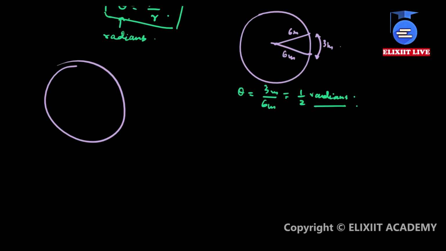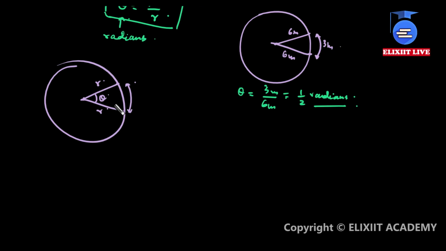What is the visualization of 1 radian, or what is the speciality of 1 radian? How do we represent it actually? If you consider this particular radius to be, let's say, r, what is theta? This particular theta can be obtained from the ratio of the arc length and the radius, actually, L by r.